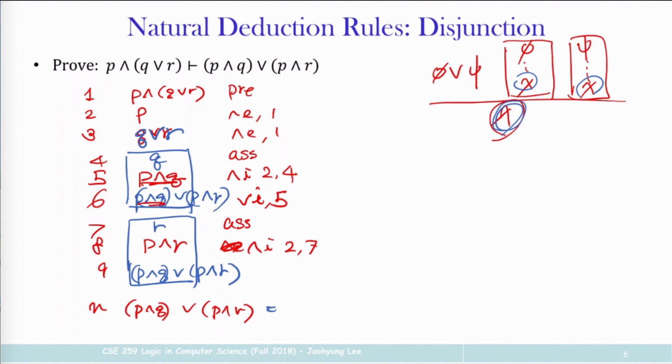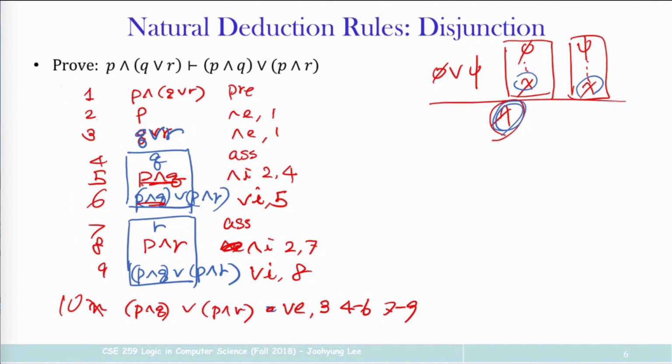And line 9 is or introduction from line 8. And the last line, since we filled all the gaps, this is or elimination from line 3, 4 to 6, 7 to 9. So n is actually 10. Okay, so let's go over this proof together.